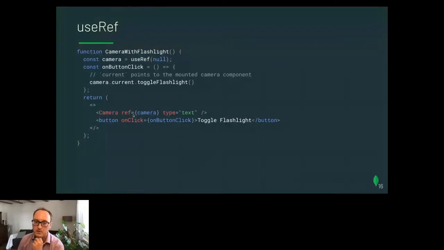In that case, you would define your reference using useRef, you get a reference from useRef, and you can use the ref property on this component to get a reference of it. Sorry, it's a bit confusing, but if you click this button, you'd be able to call a function on that reference.